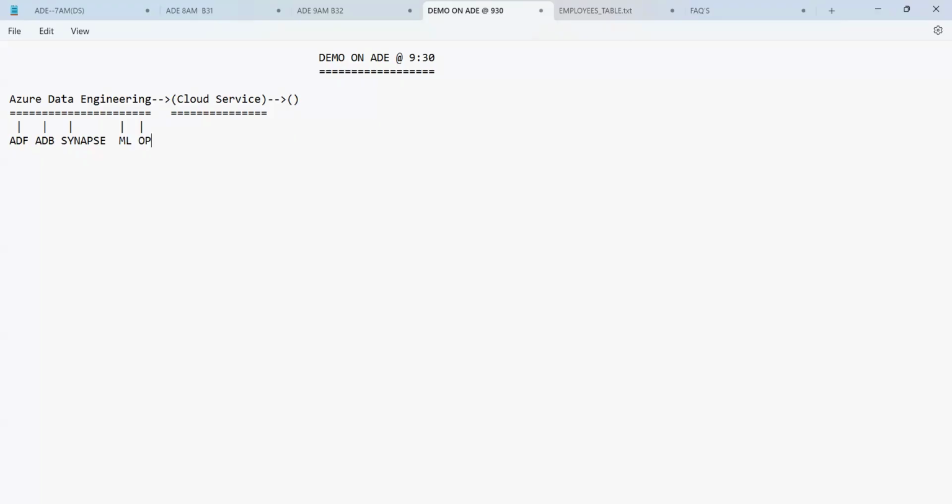Then we even have Fabric. These are all the services we can say. Apart from this, we have many more, but I'm listing a few of them: ADF, ADB, Synapse, machine learning, OpenAI, Fabric.